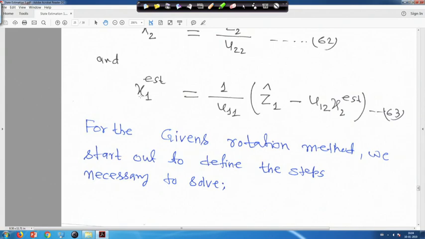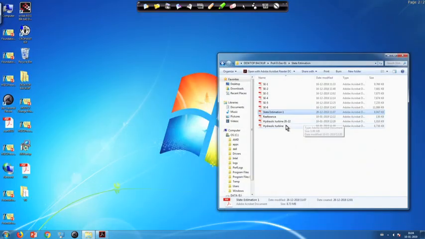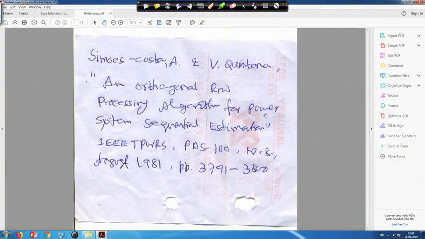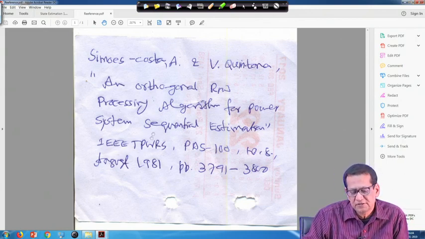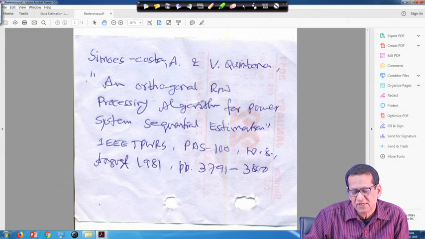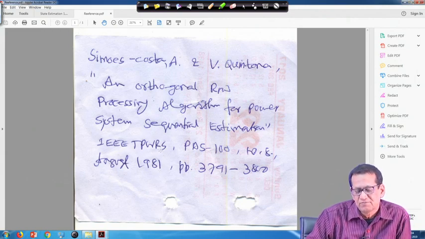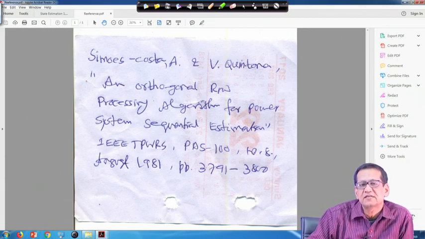So, for the Givens rotation method, we start out to define the steps necessary to solve. Actually, we will not cover the Givens rotation method in detail here, because I have to minimize the time, but just to give you some idea, there is one article by Simon Costa and V. Quintana, published in 1981 in IEEE Transactions on Power Systems, TPWRS.